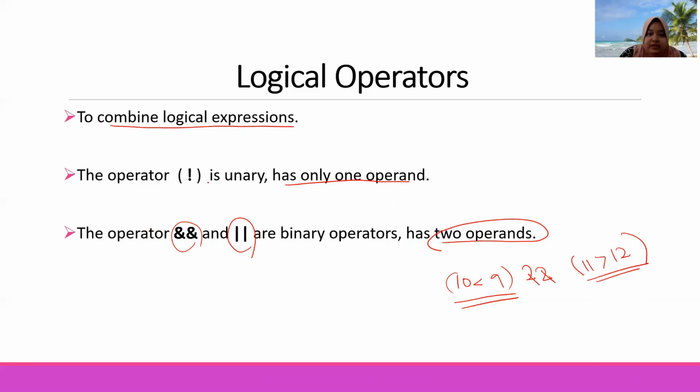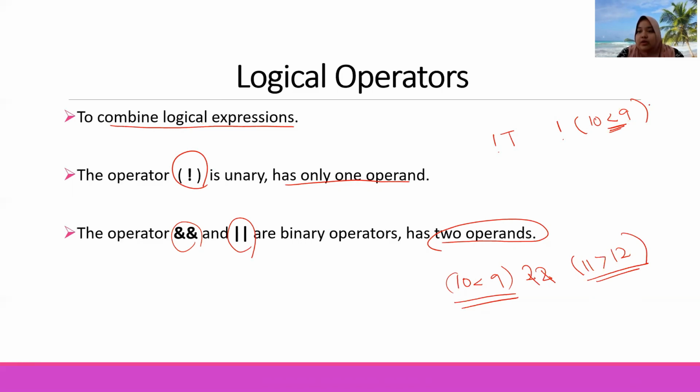Okay, for this one, not has only one operand. For example, not true. That's one. Or you can do it like this: not 10 less than 9. Remember, this one is the relational. So is it 10 less than 9?